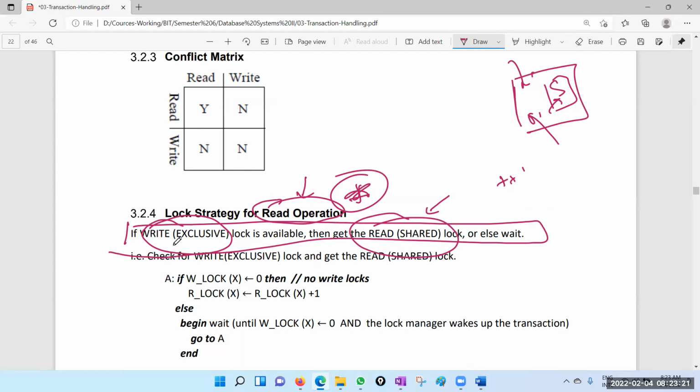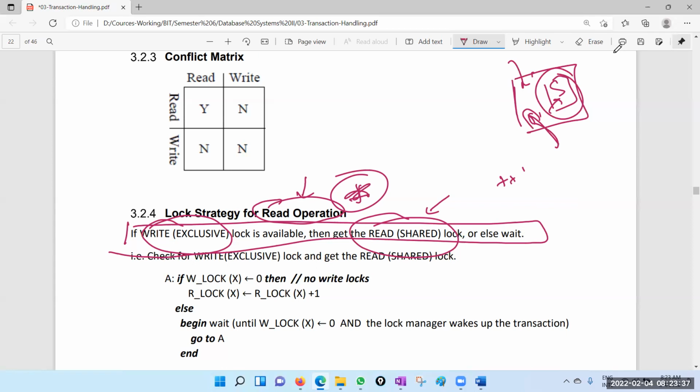That is why it is the same here. If the write lock is taken by another transaction, you will not get the read lock. Not only you, no one should be getting the read lock.